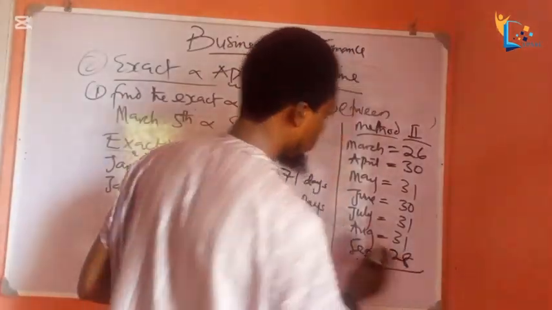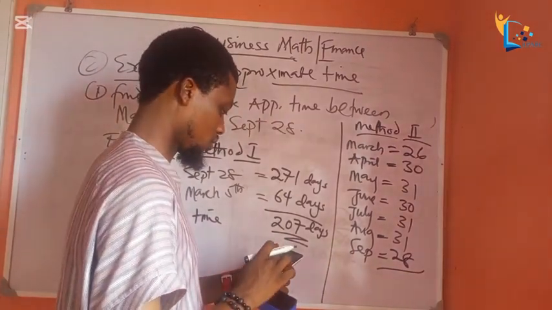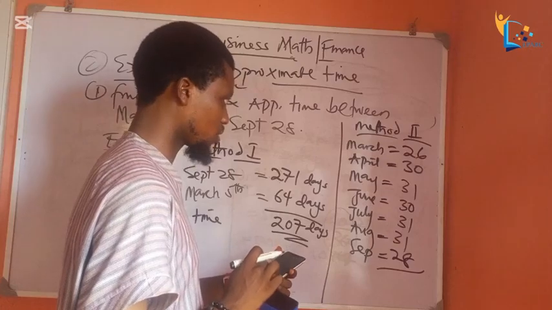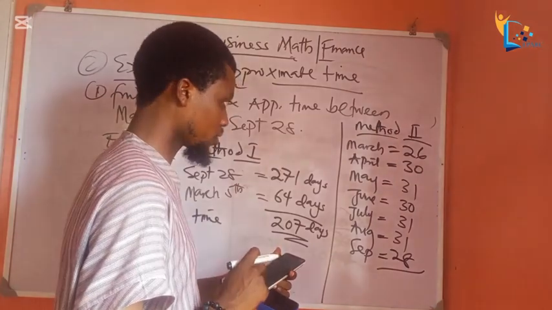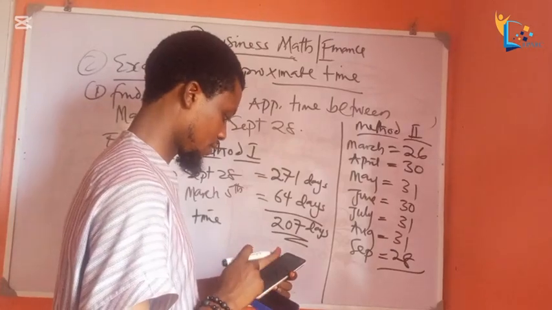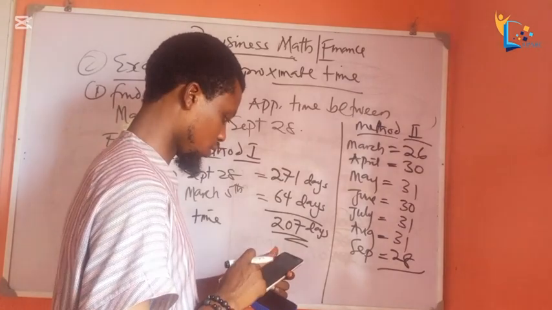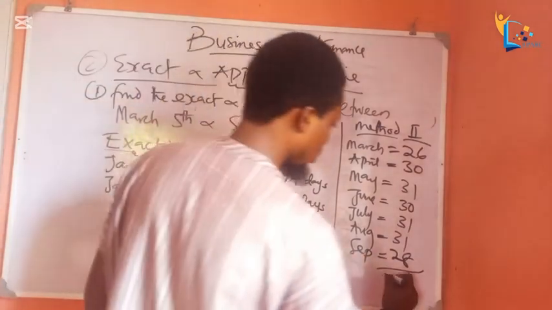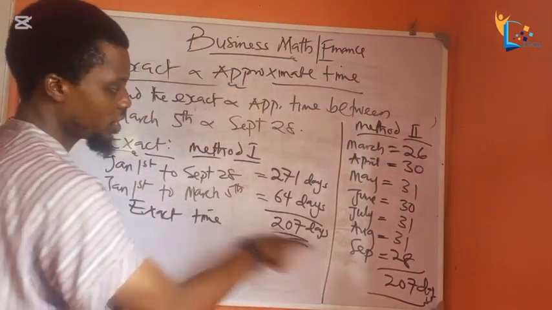So when you add all these together, 26 plus 30 plus 31 plus 30 plus 31 plus 31 plus 28 will give us 207 days. So you see, I told you, it's the same thing.